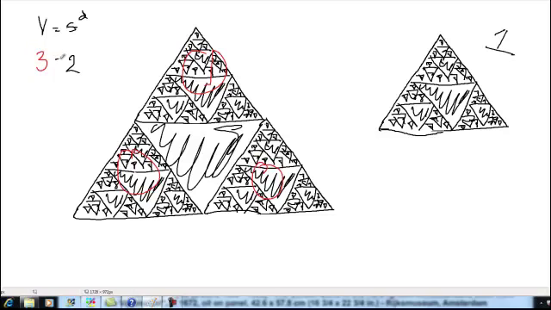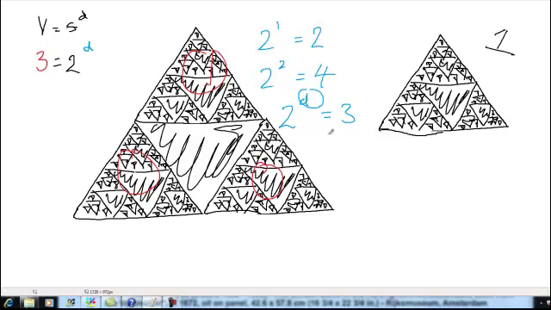If this is to have some sense of dimension, then 3 must equal 2 to the power of the dimension, if it's going to be consistent with what we've done before. Now, we know that 2 to the 1 is equal to 2, and 2 to the 2 equals 4, and we want a number 2 to the d, which is equal to 3. So this number d is going to be somewhere in between 1 and 2.